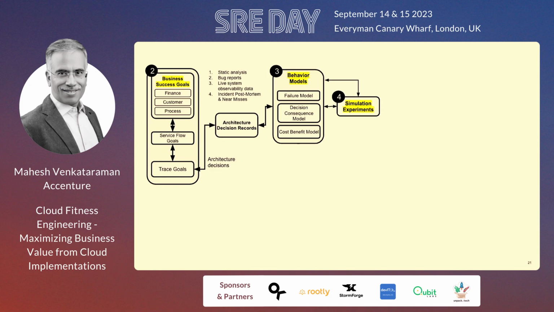Here it is very thoughtful experimentation, proving those hypotheses in a continuous loop. Now, what happens up to this point is your simulation experiments, which are conducted on a sandbox system, will be able to continuously update the behaviors, and from there you can update the architecture decisions and fine tune them to meet the business goals. It's a continuous experimental process.